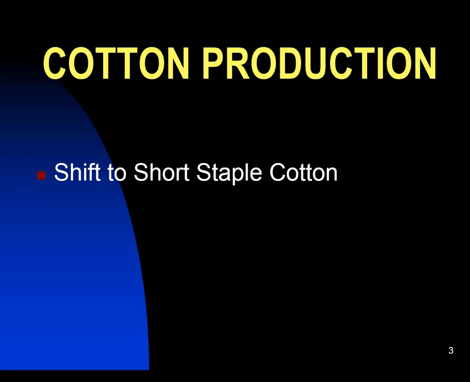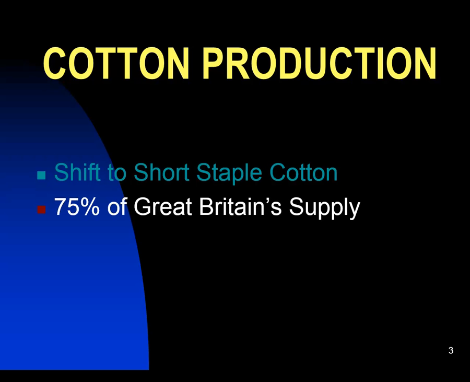It was actually something that the textile factories in Europe really wanted, short staple cotton, to make the different products that they made. There's also, I don't even remember what my PowerPoints say, so I'm not sure of this. Okay, so by 1860, we were supplying 75% of all of what Great Britain needed for cotton.